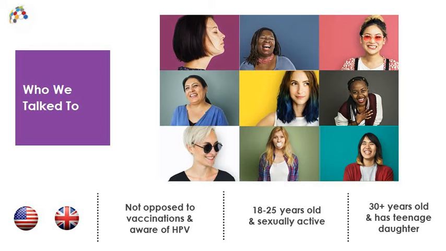So here we went out to women aged 18 to 25, some of whom potentially are sexually active at that time, and then some women who are 30 plus who are talking about essentially their teenage daughters. So we have two different perspectives here that we're exploring as we go through.